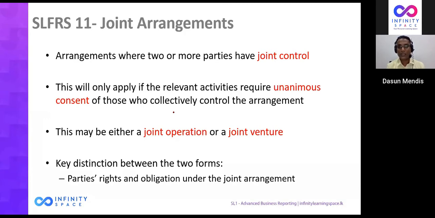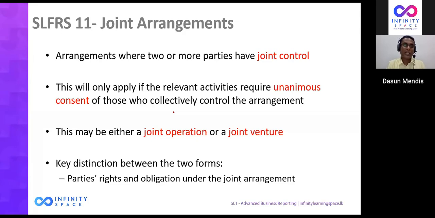You have to look at whether you and some other investors take decisions about the Bangladeshi operation with unanimous consent. So the relevant activities of the foreign operation are decided based on unanimous consent. If that is the case, you collectively control that arrangement. Then it's a joint arrangement. Right? Unanimous consent, important word.